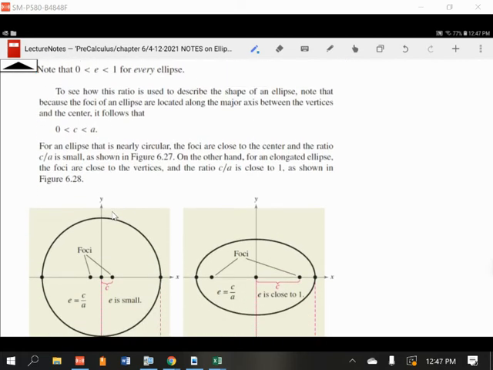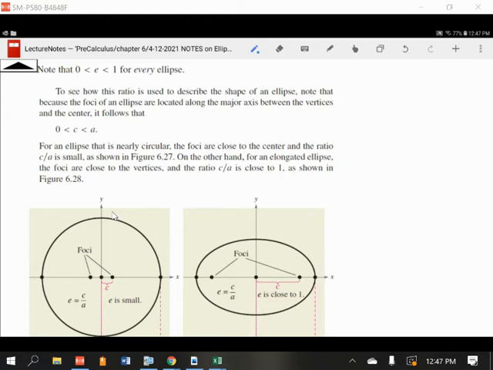So note that the circle's at the bottom. Notice the one on the left, that looks like a circle, but that's actually an ellipse, because the C value, the foci are very close to the center, right? If you move the foci further away from the center, the C number gets bigger, okay?